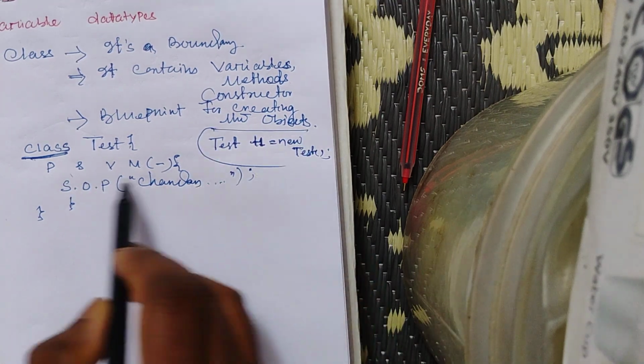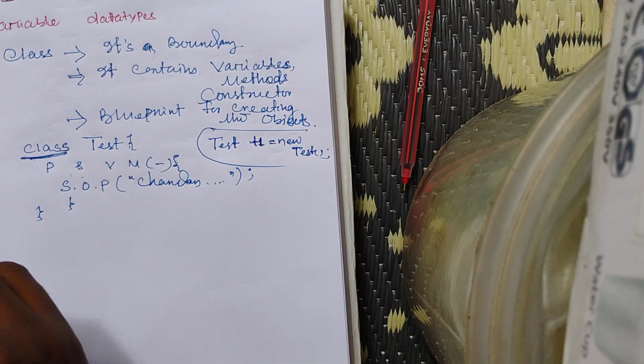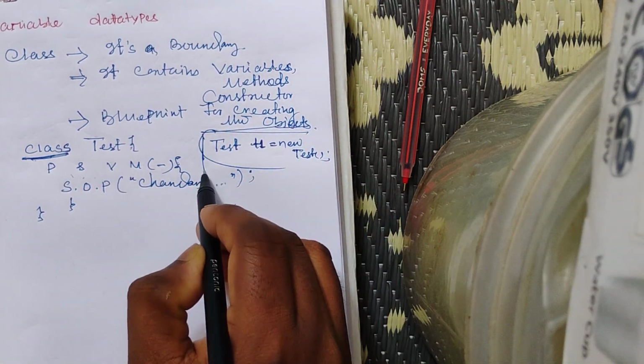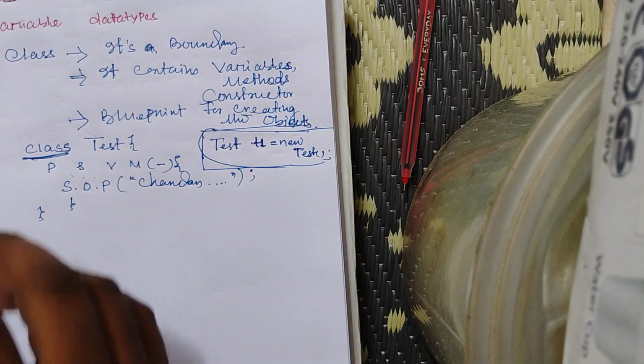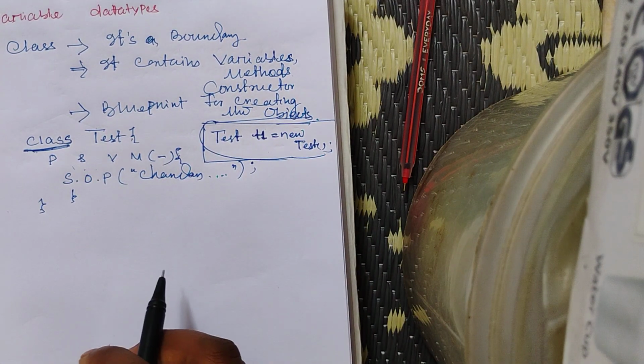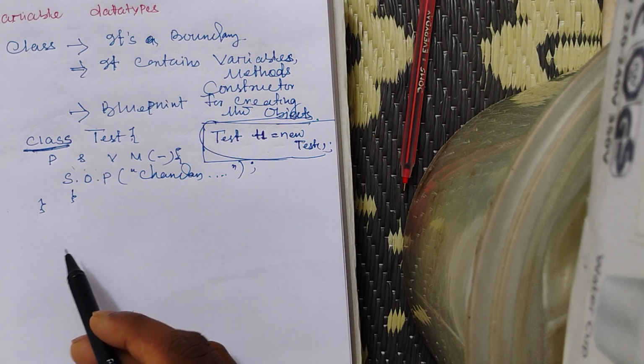When you write this line inside this method, the object will be created. Later we will discuss constructor. Now you focus on class and object, then variable and data types.